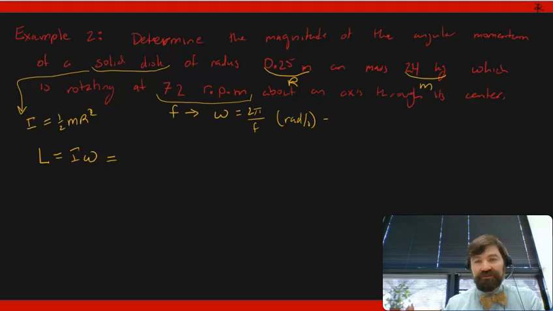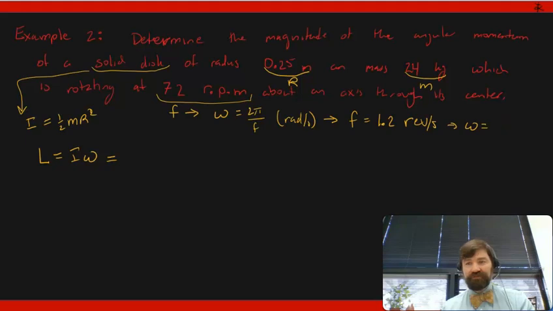That means that the frequency is roughly 1.2 revolutions per second. And so that means that omega is equal to 1.2 times 2 pi. So 1.2 times 2 is 2.4 pi, and that's in radians per second.